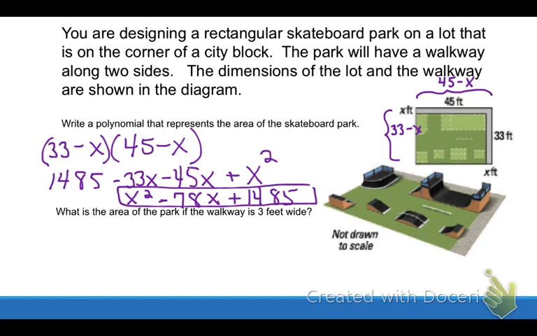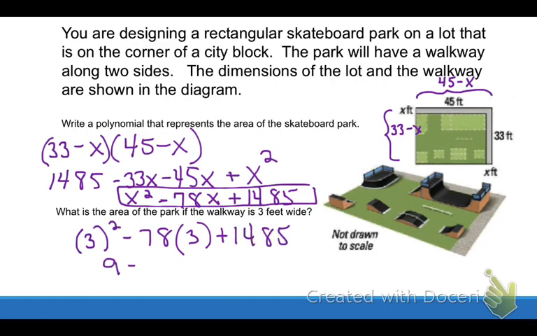Now, what is the area if the walkway is 3 feet wide? Well, all we have to do now is plug in 3 into the expression from above. 3 squared is 9. 78 times 3 is 234, plus 1,485.